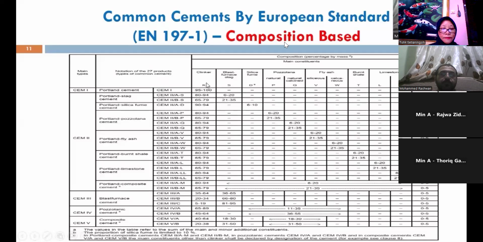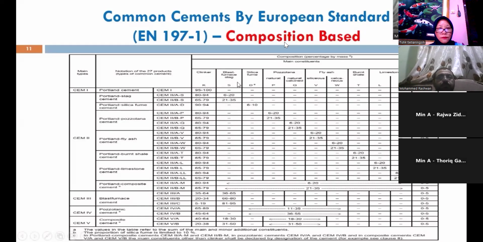CEM I is composed mainly of clinker, from 95 to 100% clinker, with 0 to 5% minor additional constituents, like limestone or any type of addition except main constituents.